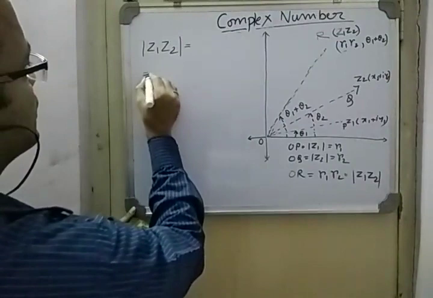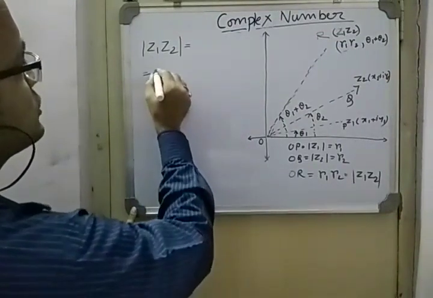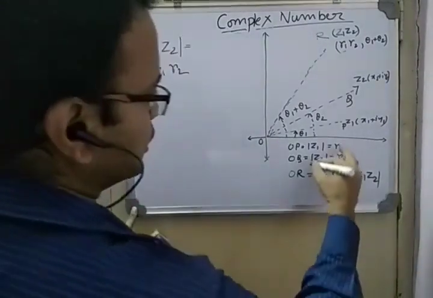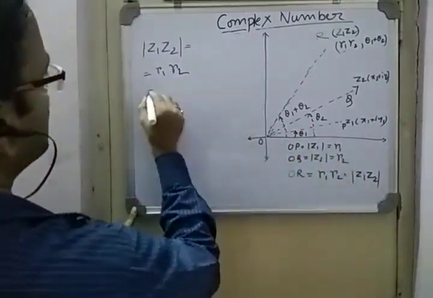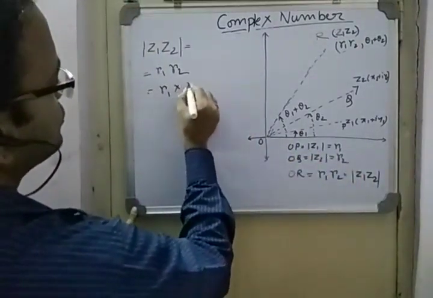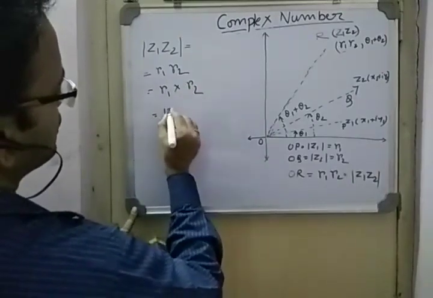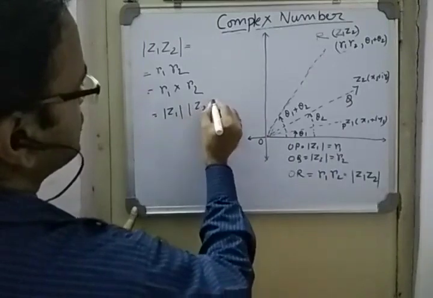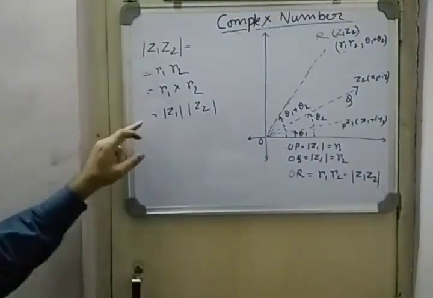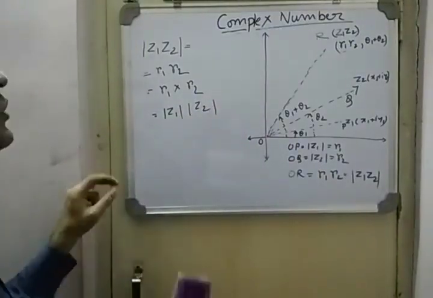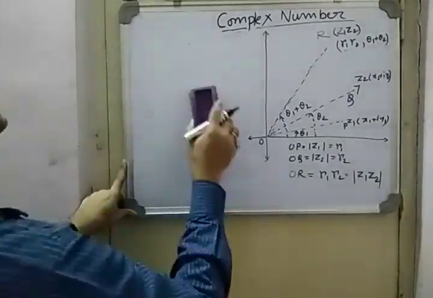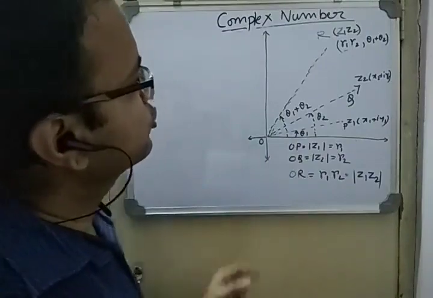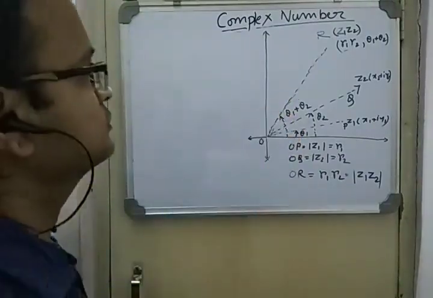So mod Z1 Z2 equals R1 into R2, where R1 is mod Z1 and R2 is mod Z2. So mod Z1 Z2 can be written as mod Z1 into mod Z2. This was the geometrical representation of the product of two complex numbers.